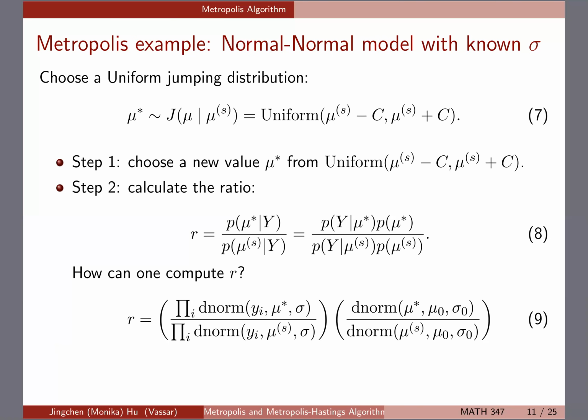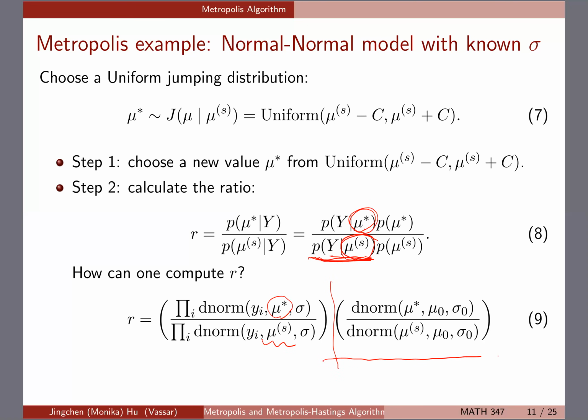Because we're evaluating the density under this mu s, that's what you fit in here. On the top, oh sorry, not mu star, mu s, and then mu star is what you put in here.